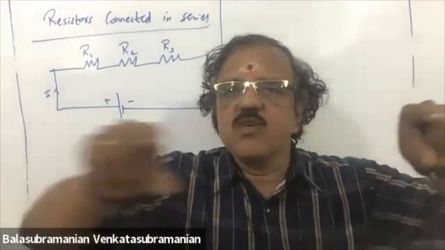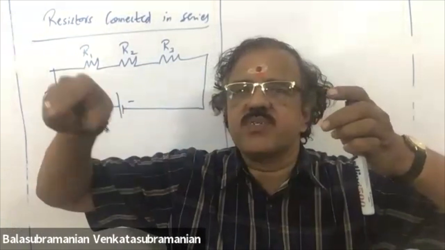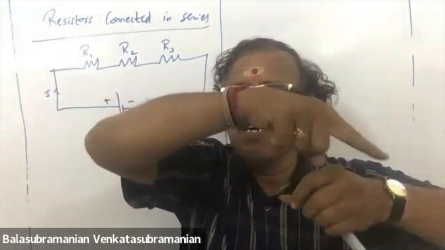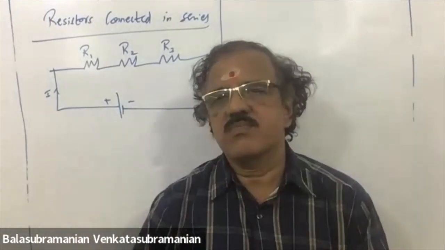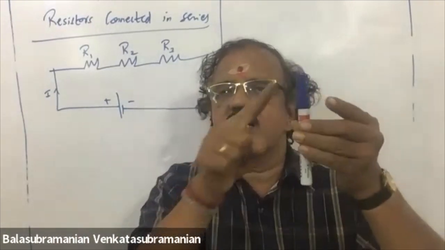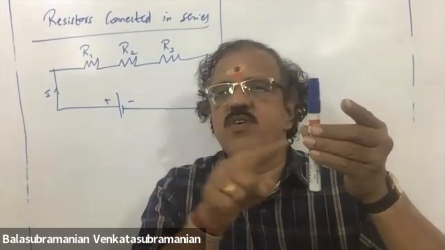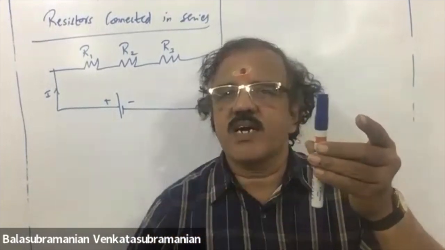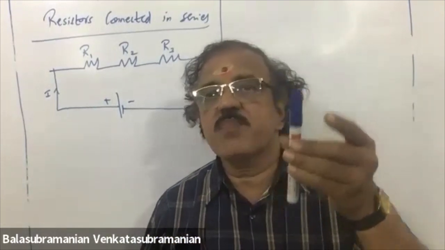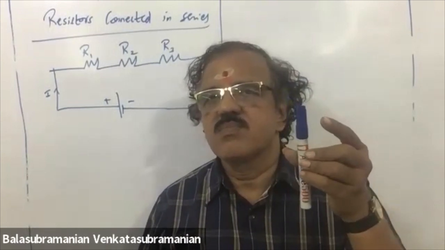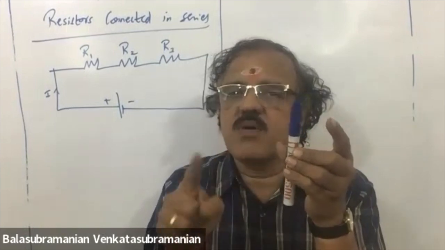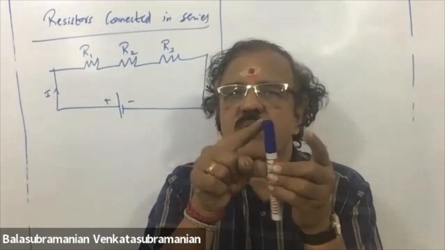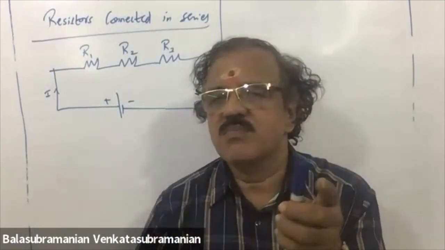Water flowing in a tube, I have got different taps. When you open the taps in the same line, you will get the same amount of water. Whereas if water is connected on the third floor, second floor, first floor, ground floor, when you open the tap, it depends upon the height. So pressure at the lowest point is maximum, at the highest point pressure is minimum, because pressure is h rho g.